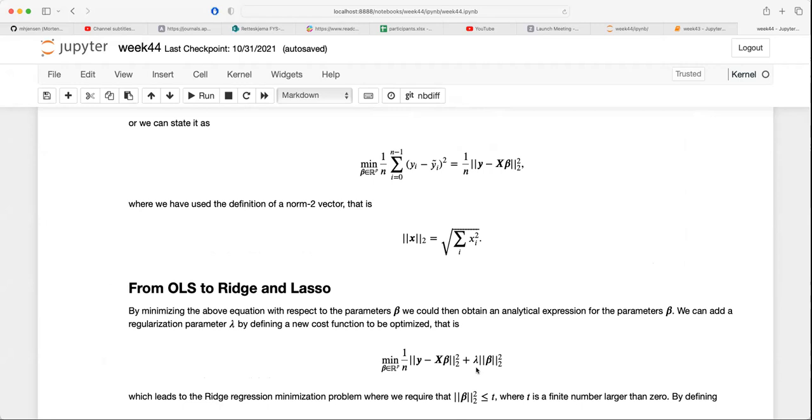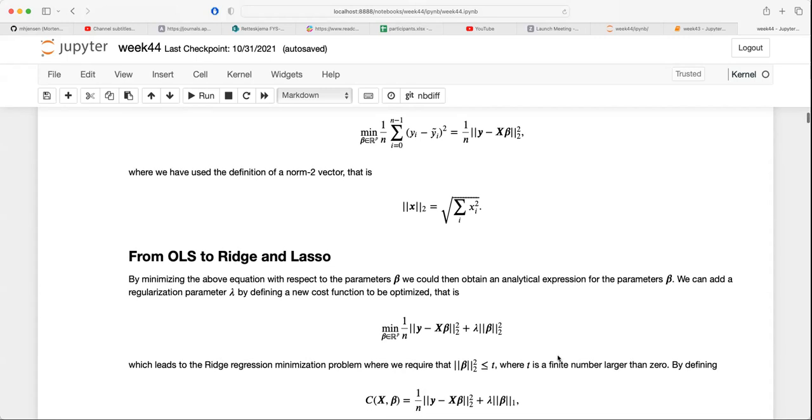In many cases, what people do is put a constraint on the parameters so that the sum over these beta values is less than a specific value, so that the sum doesn't diverge. So this is the sum over the beta values squared, and this is the definition of the norm 2.